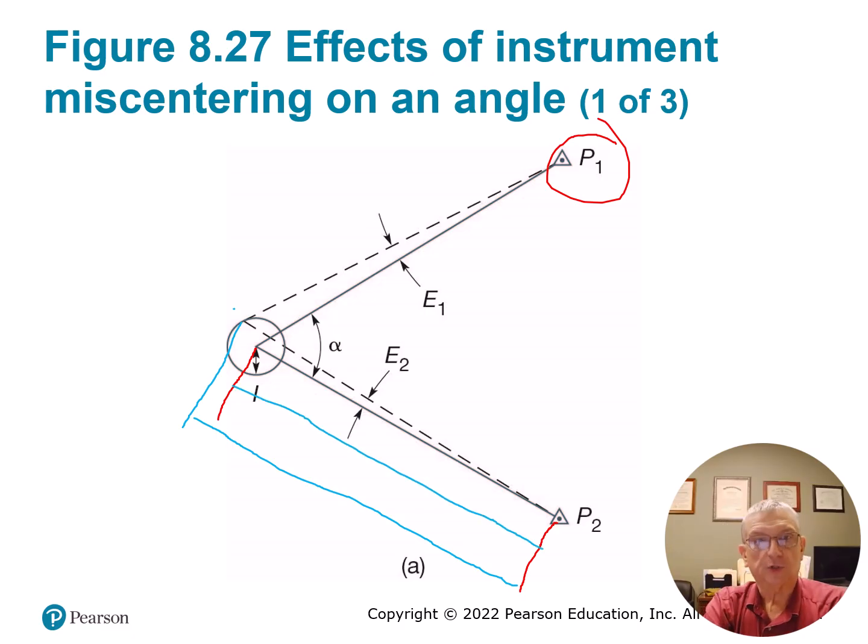So you measured the red line because the instrument is set up in the circle, but it's not over the point. Looking at it, the point to P1 is probably not off an appreciable amount, but the distance between the point and P2 is probably going to be off. In this illustration, say it's 2 or 3 hundredths.